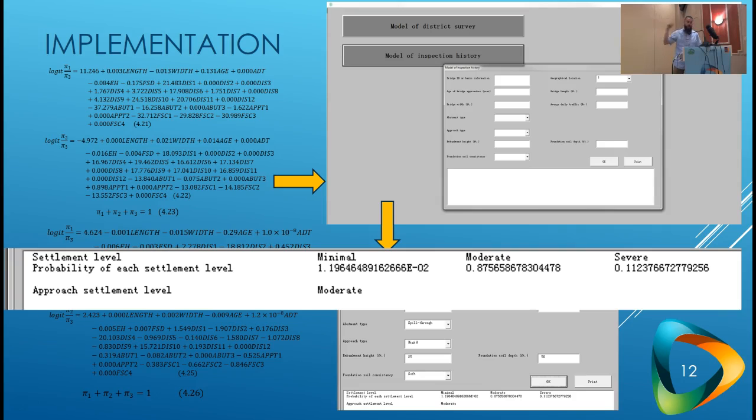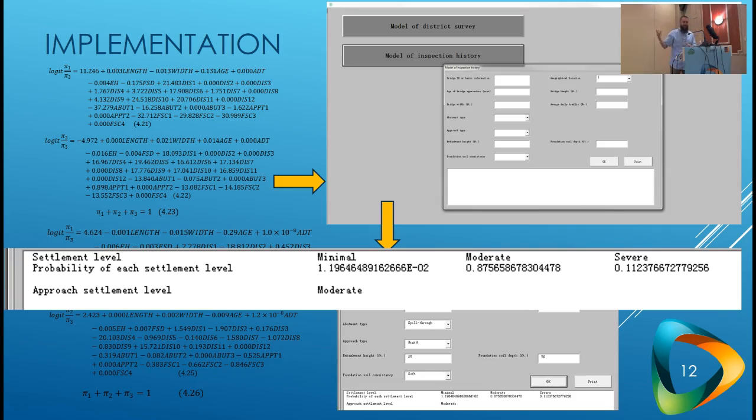What these regression equations do for you is give you a percent probability that you're going to have one of these conditions. So for this example, based upon the conditions I put in for this sample, it predicts an 88% chance that you're going to have a moderate settlement.